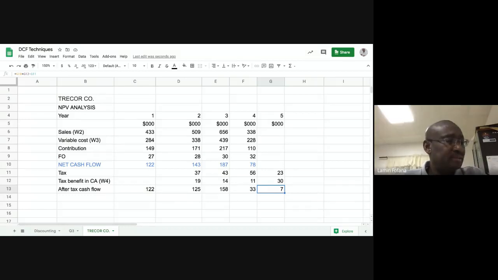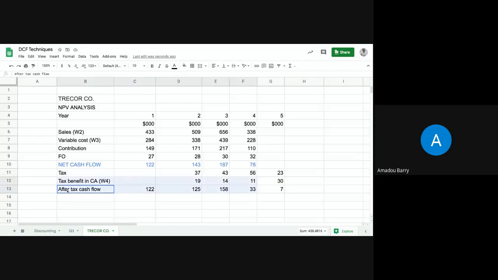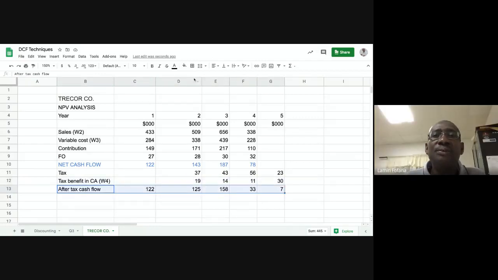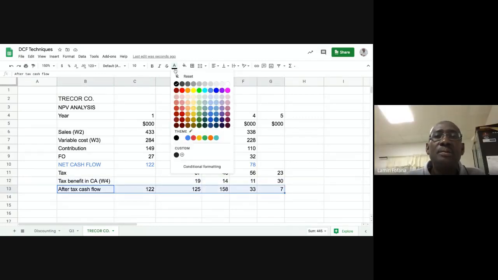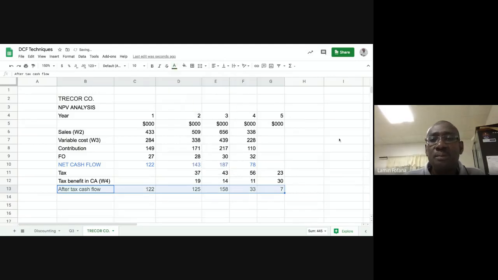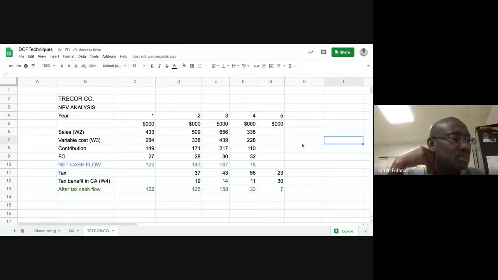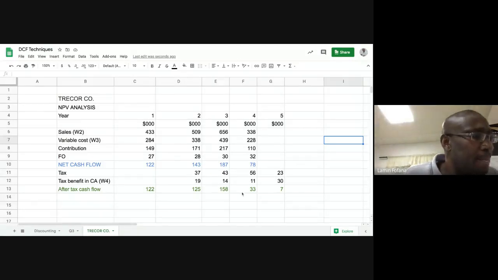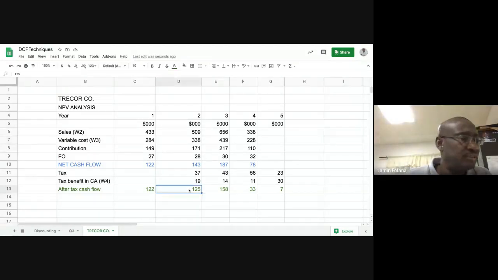Is that clear? So our net cash flow plus tax. Our after-tax cash flow is 122, 125, 158, 33, and 7.